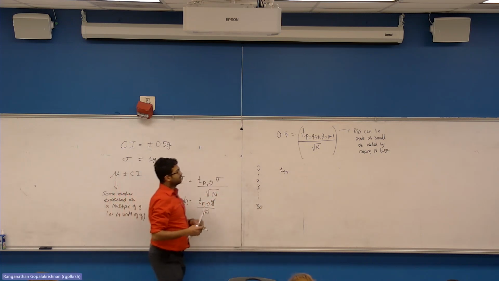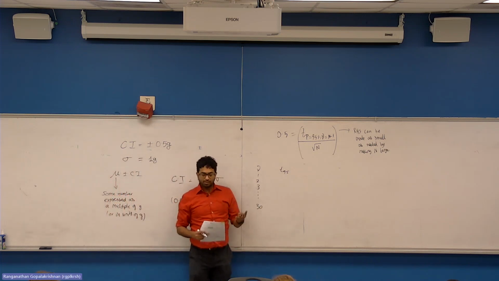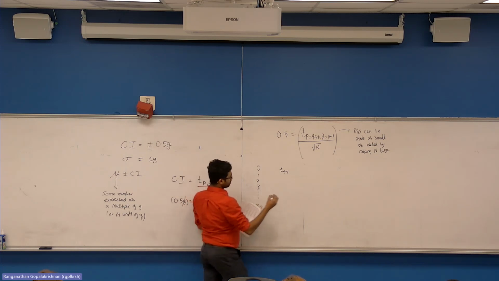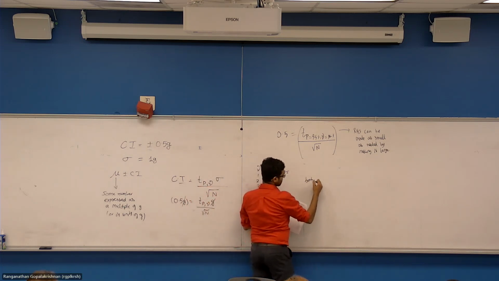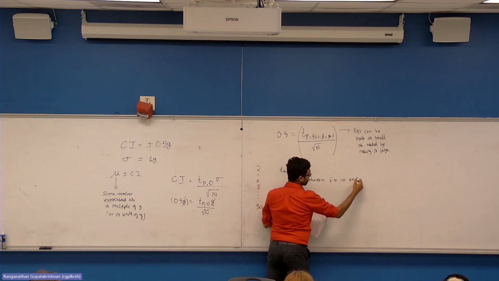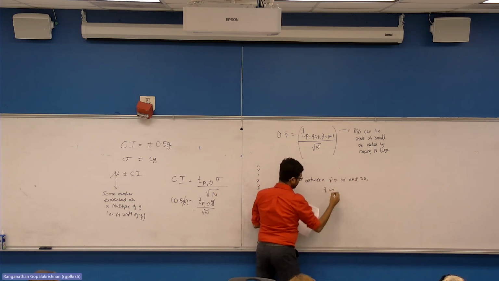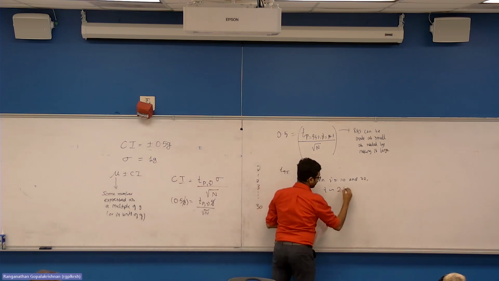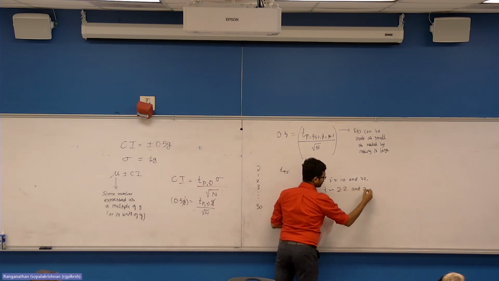So this problem requires you to think a little bit intuitively. Look at the range between nu 10 and 20. t varies roughly between 2.2 and 2.0.